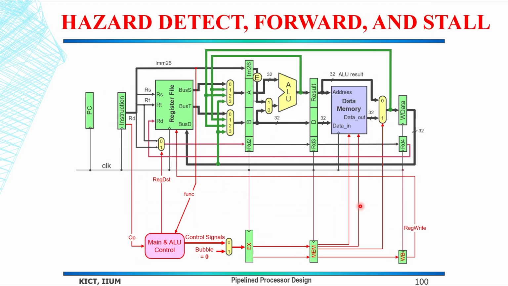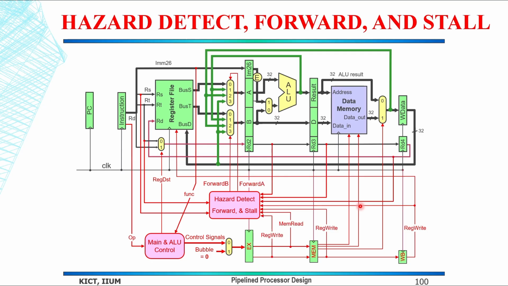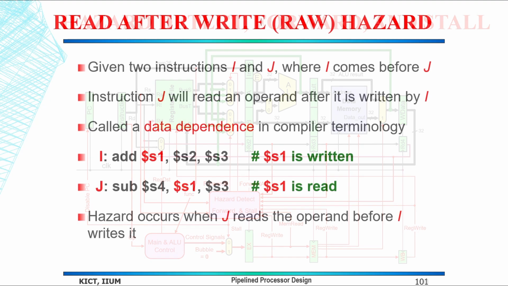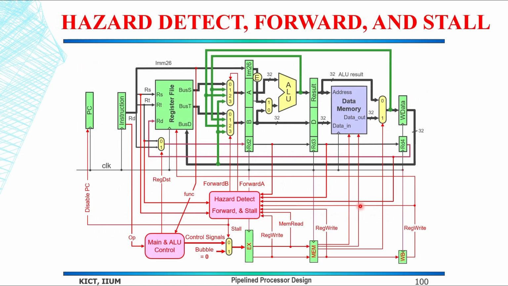Here again we have hazard detect, forward, and stall, so everything is combined here. You can see where the stall is required and where forwarding is required. It detects the hazard, and then it forwards and stalls accordingly.